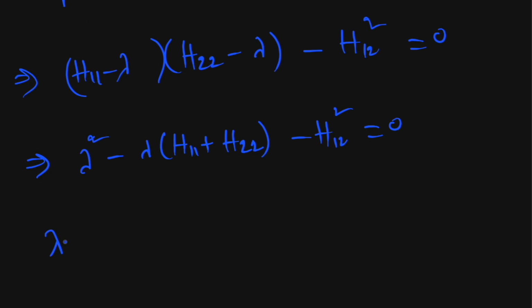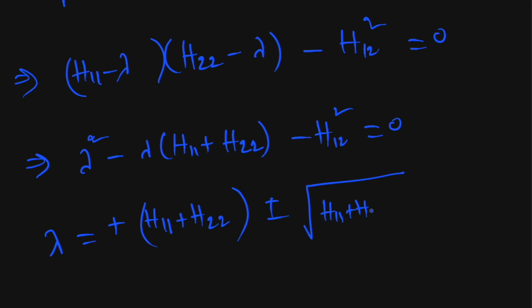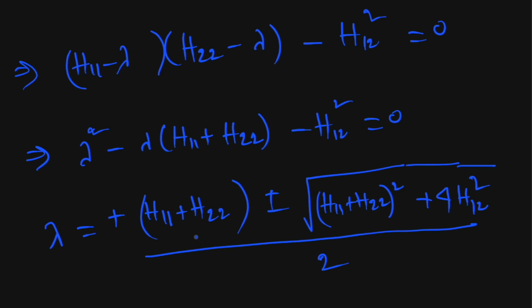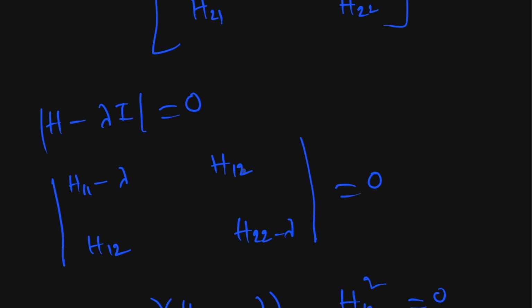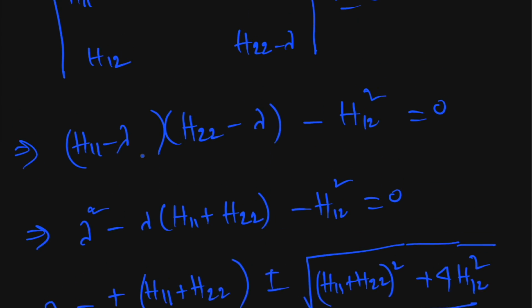So the value of λ will be half of (H11 + H22) plus or minus the square root of (H11 − H22) squared plus 4 H12 squared.